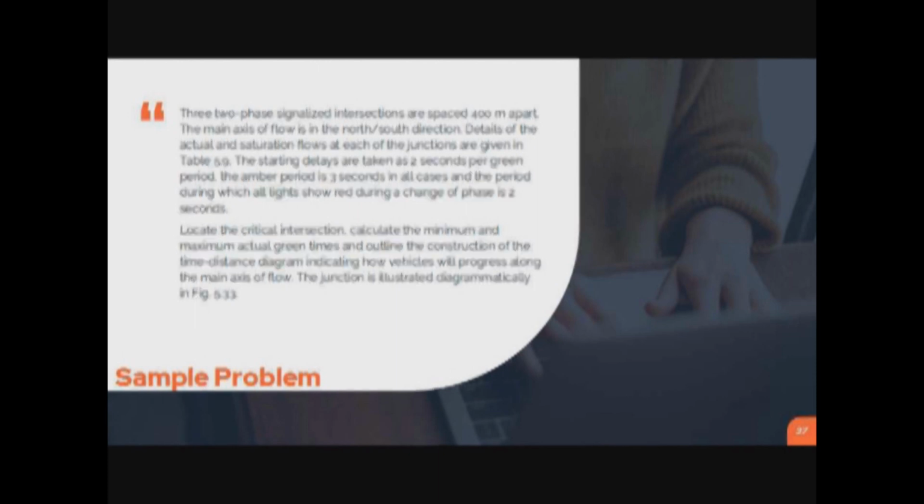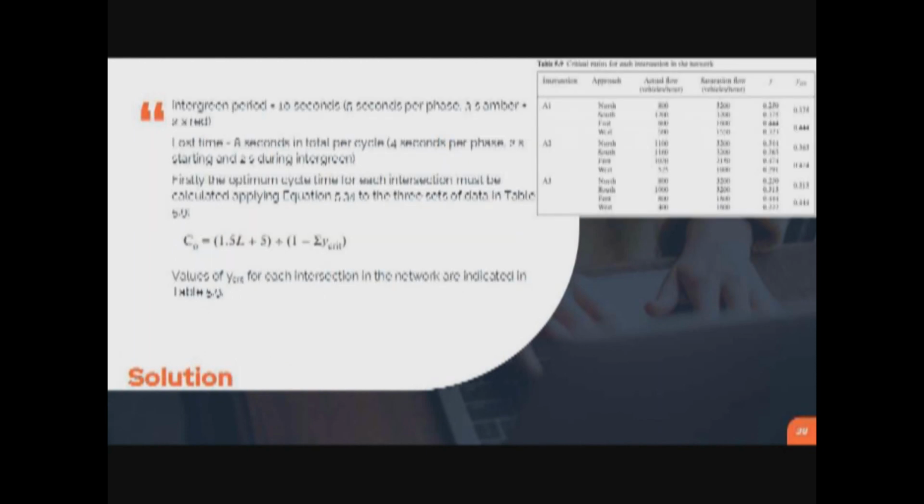The amber period is 3 seconds in all cases, and the period during which all lights show red during a change of phase is 2 seconds. Locate the critical intersection, calculate the minimum and maximum actual green times, and outline the construction of the time-distance diagram indicating how vehicles will progress along the main axis of flow.